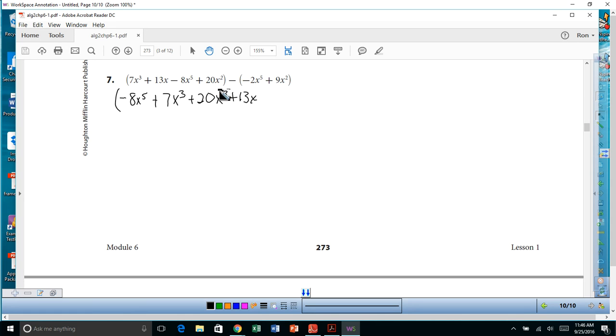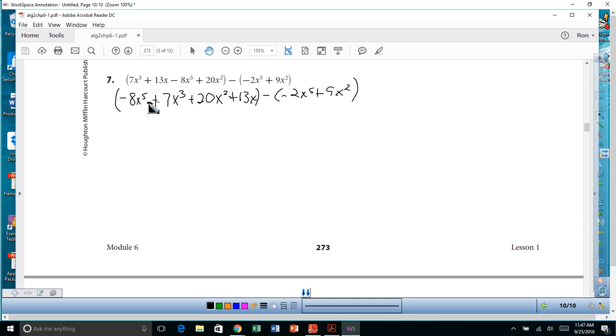And then we'll put that right there. Minus, and this is negative 2x to the 5th plus 9x squared. All right, step 1, make sure it's in order. We did.